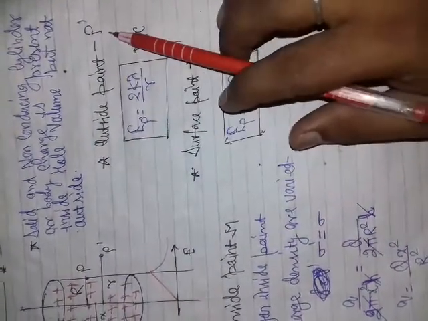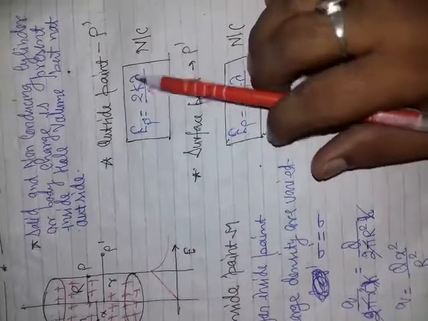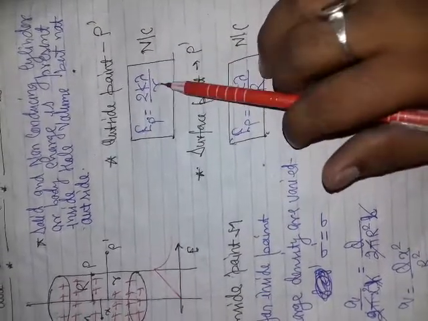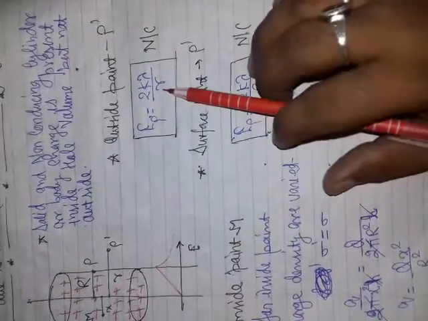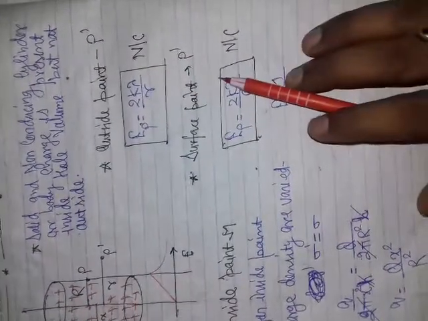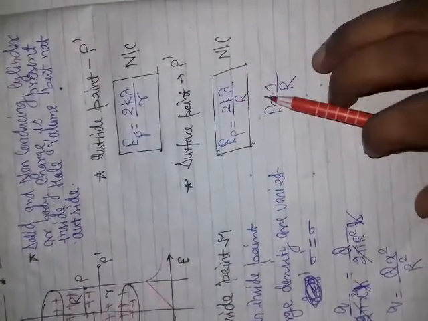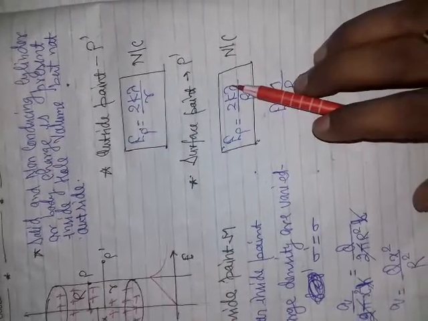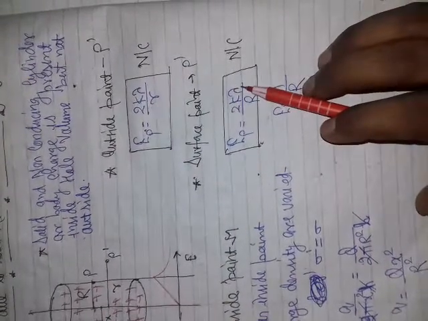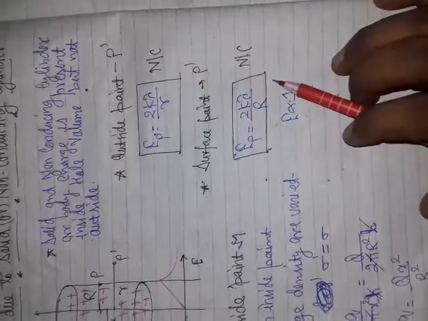For the outside point, the value is 2kλ by small r, the same as for the hollow cylinder, and for the surface point the value is 2kλ by capital R. Here λ is the charge density, as I already told you in the previous section of the video.